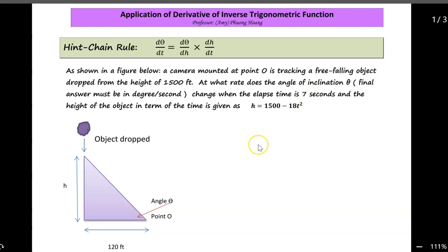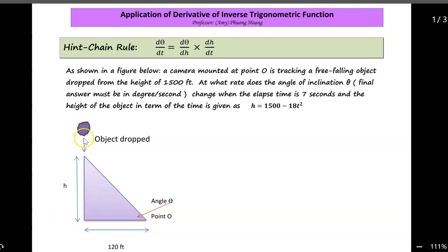So in order for you to work with this, you are going to draw a right triangle. Consider that this object dropped right on this ground, and at this point it will be directly perpendicular to the ground. So that's how we visualize that.